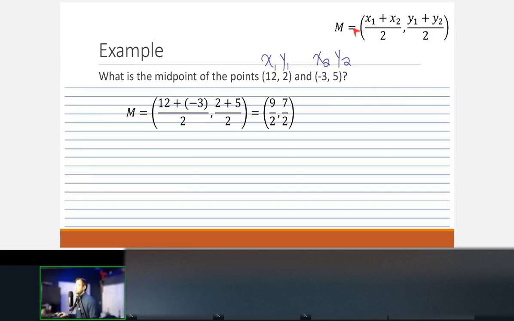So it's easy to pick out X sub 1 is 12, and then X sub 2 is negative 3. So when you label stuff, there's less thinking needed of which is which. So I really encourage all of you to label your coordinates like I did, because it's much easier to pull these numbers out if you can just see it, right?